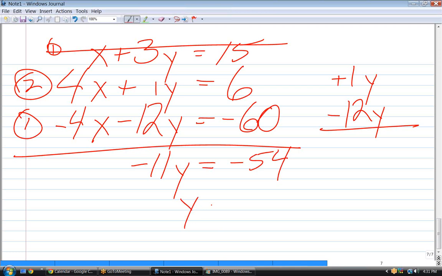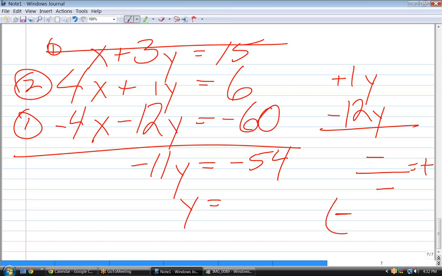So y is equal to what? Hold on. What's negative 54 divided by negative 11? First of all, is it positive or negative? Positive. Okay. Negative divided by negative is positive.